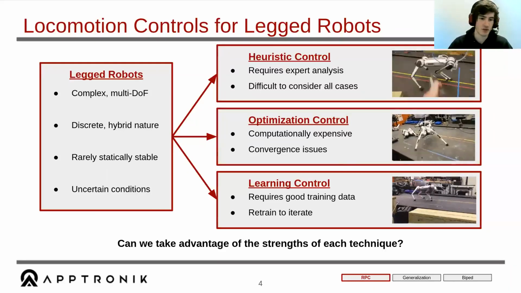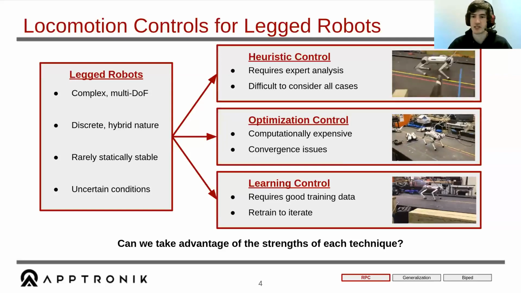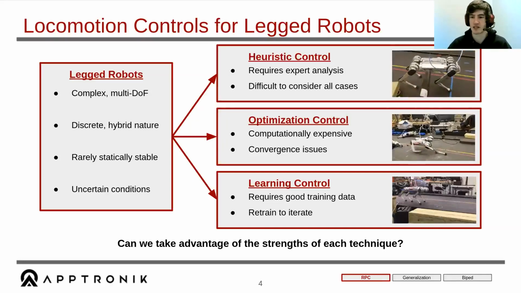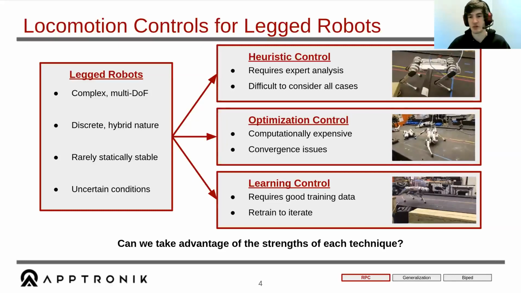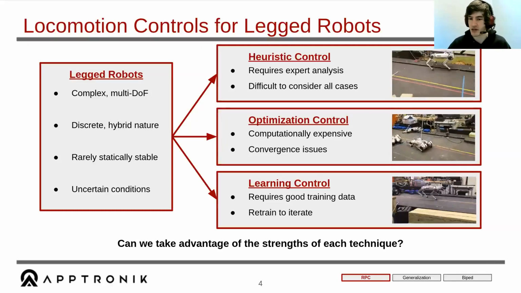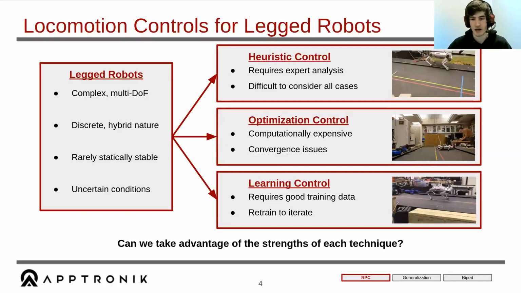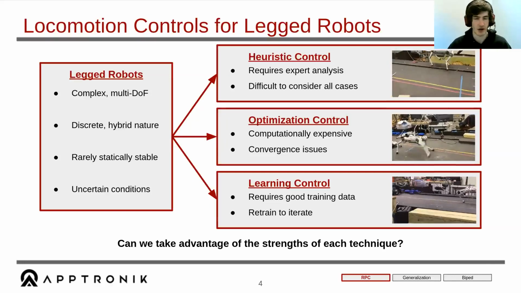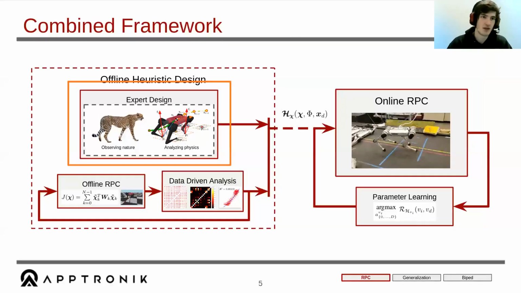So what I want to propose is: is there a way that we can take advantage of the strengths of each of these techniques? Take the generality and powerful, simple heuristics, optimize your system in real time when the heuristics aren't enough, and then learn from your experiences and make the controller better without requiring human input every time you want to improve.